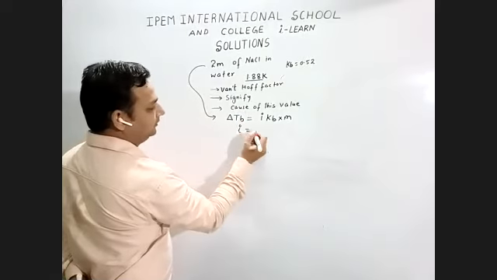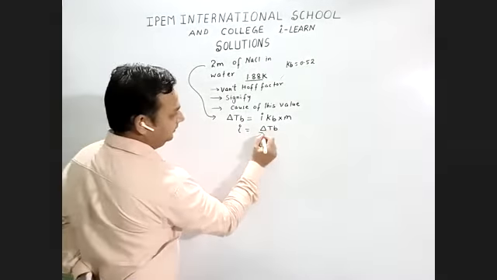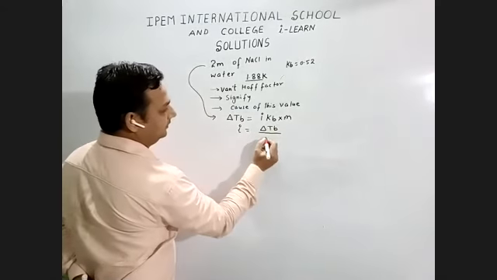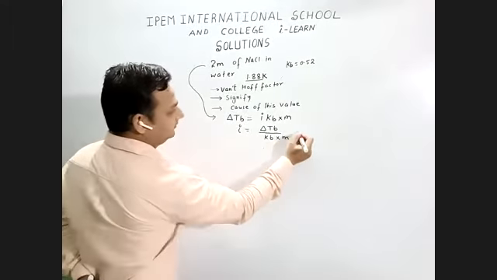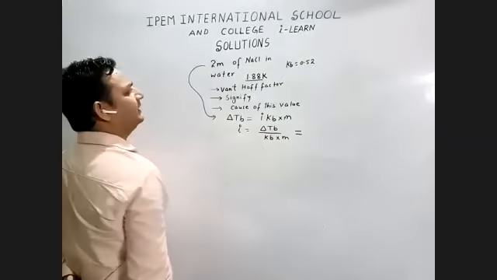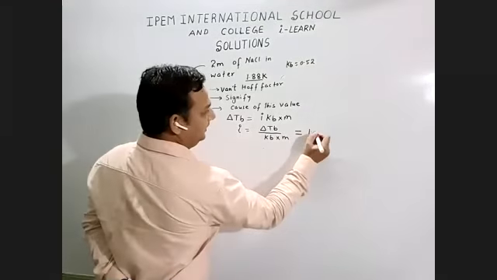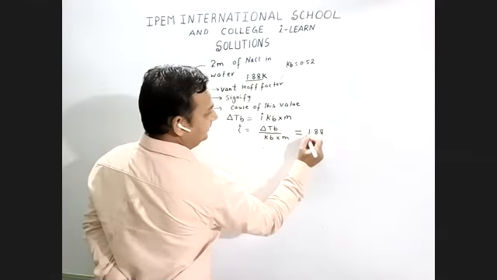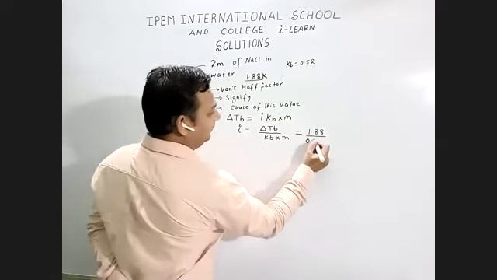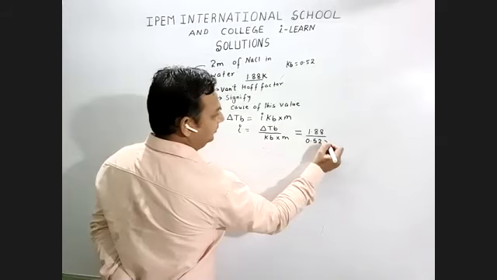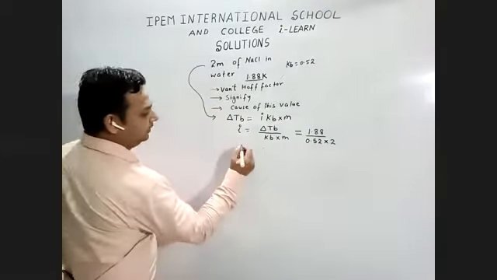So i is equal to delta Tb upon Kb into m. For delta Tb, they have given 1.88, upon Kb, they have given 0.52, into molar, a 2 molar solution.